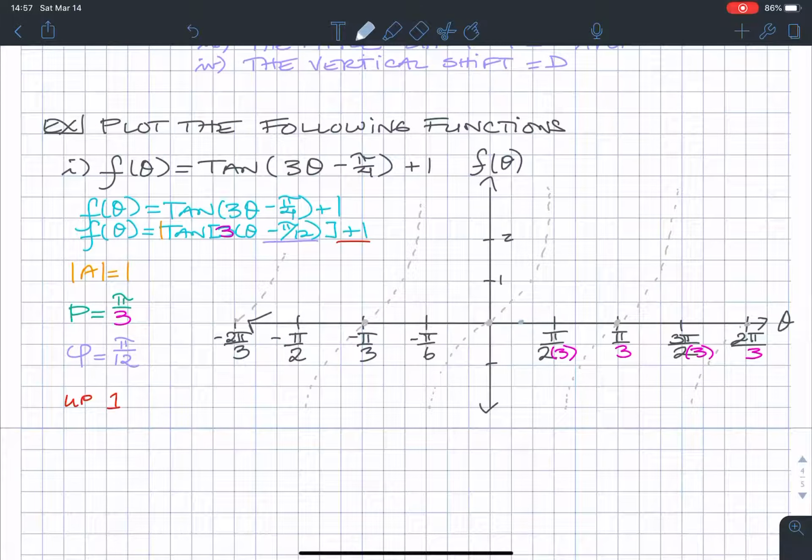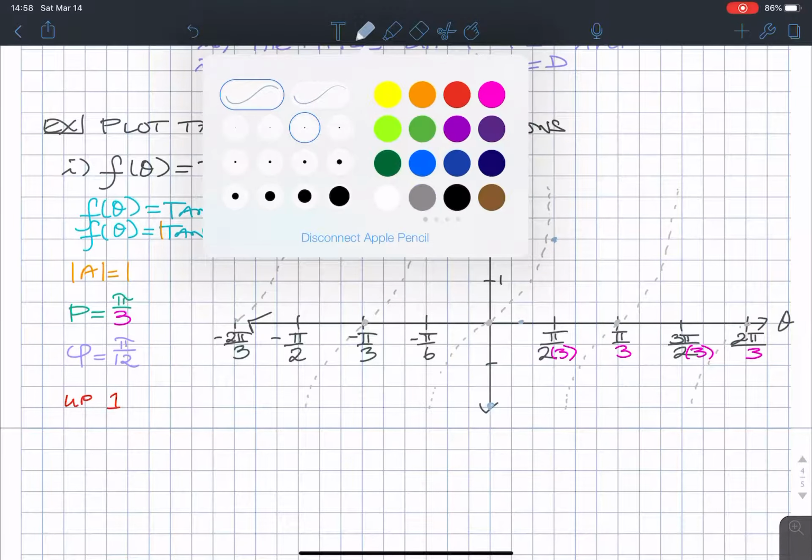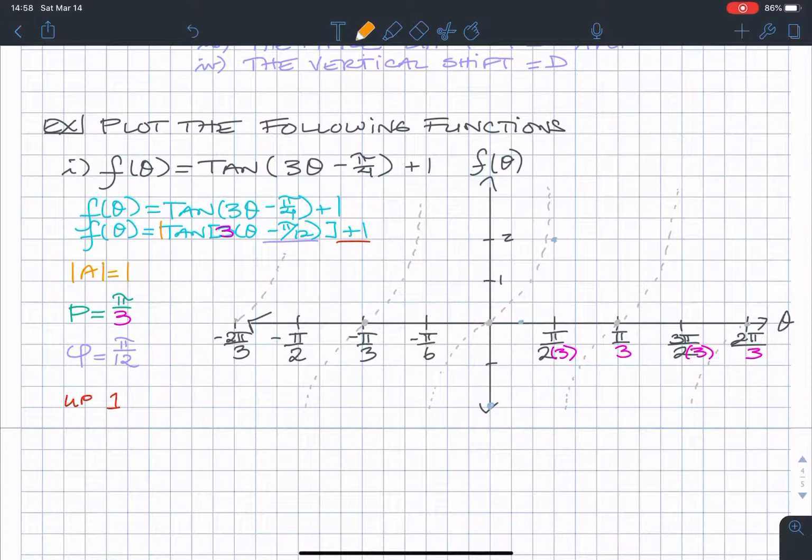So my vertical asymptotes will also be shifting half a quadrant to the right. Remember, vertical asymptotes are not affected by vertical translations. So all these asymptotes are shifted half a quadrant to the right.